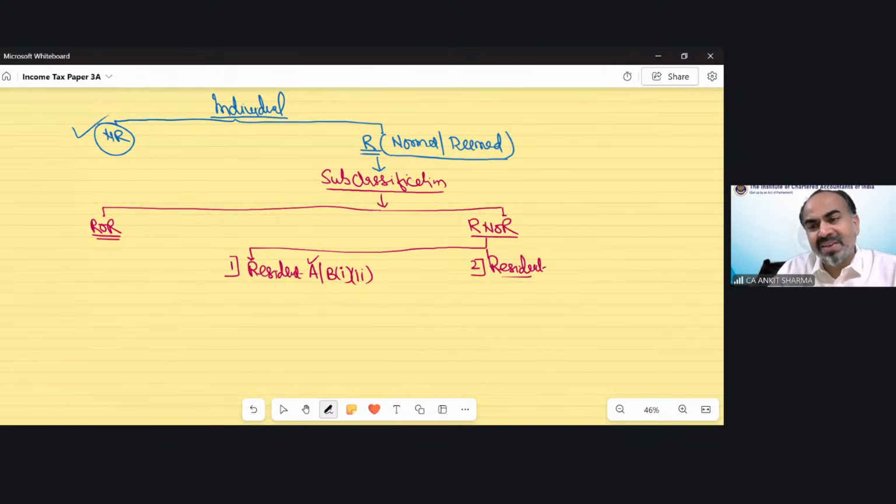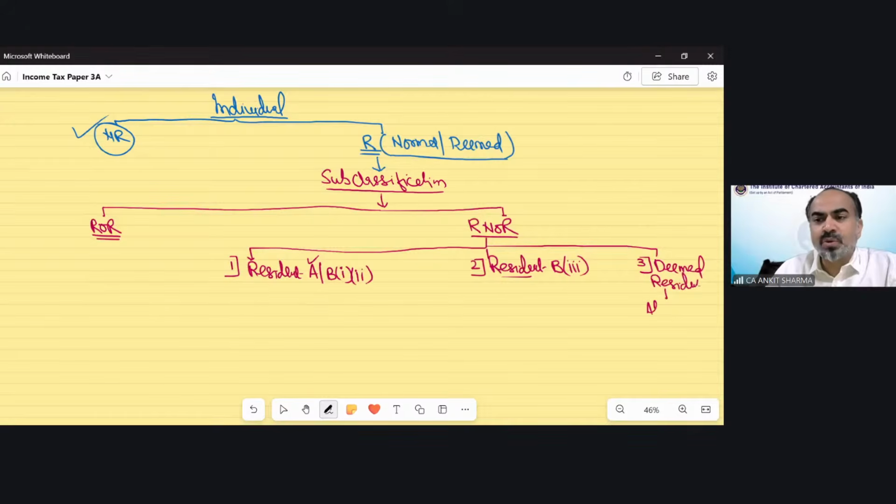If you become a resident as per category B, third point, that is the 15 lakh person, then you need to find out whether he is a resident and not ordinary resident as per these conditions. And the good news is the third point: if you are a deemed resident, it is a fixed rule, always resident and not ordinary resident. You do not need to check any condition for a deemed resident. They will automatically become resident and not ordinary resident.